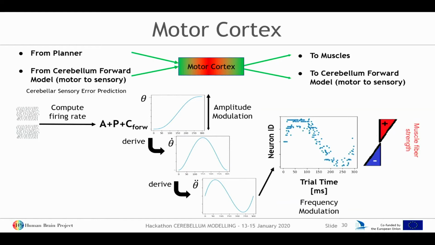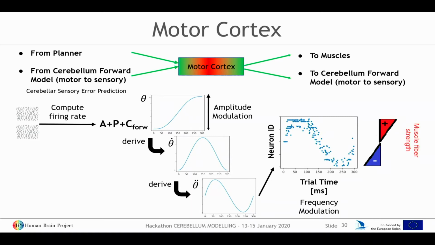that angle movement. And these are decoded and encoded into spikes according to this somatotopic conversion, where we have positive agonist and negative antagonist motor commands that go to different muscle fibers that have a different strength.